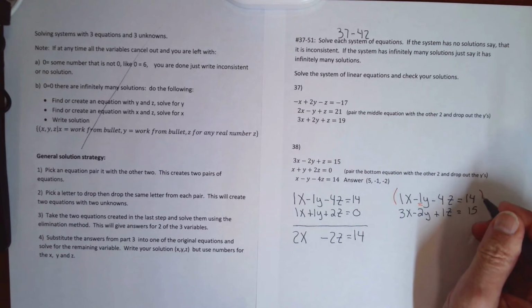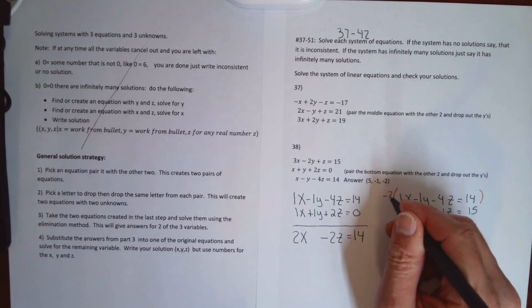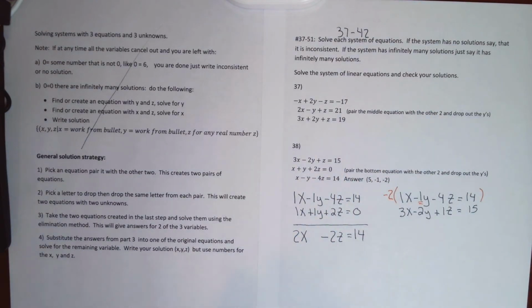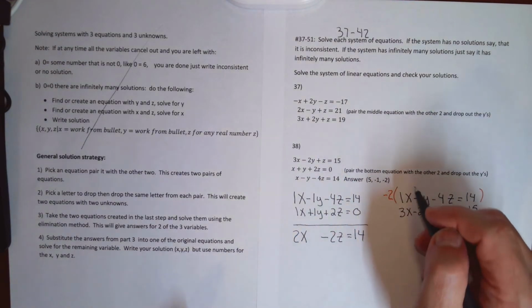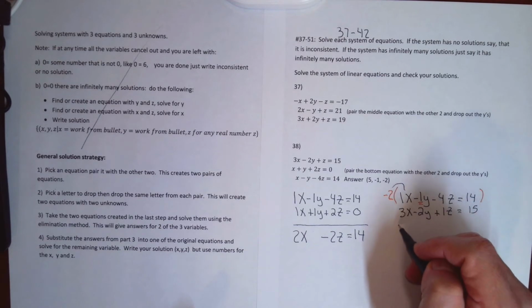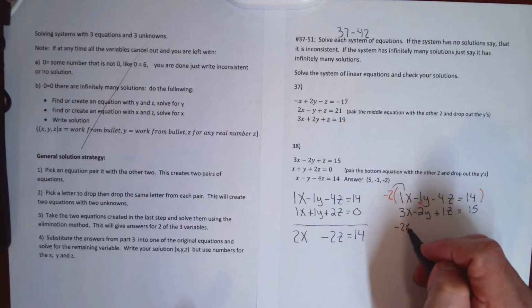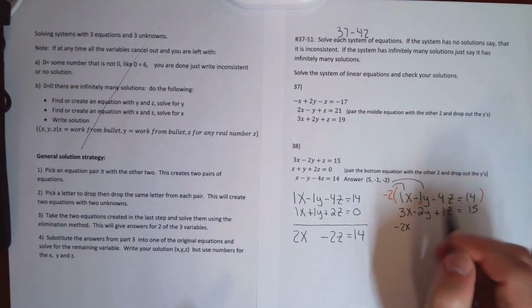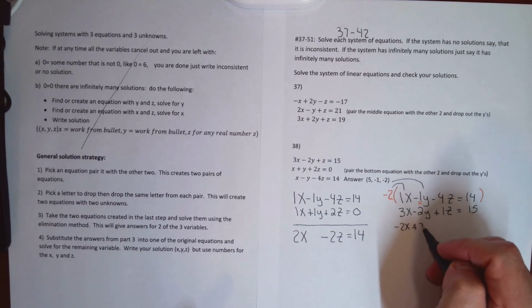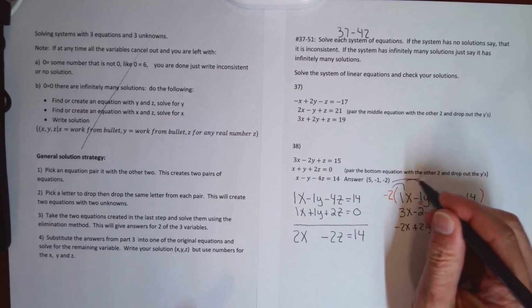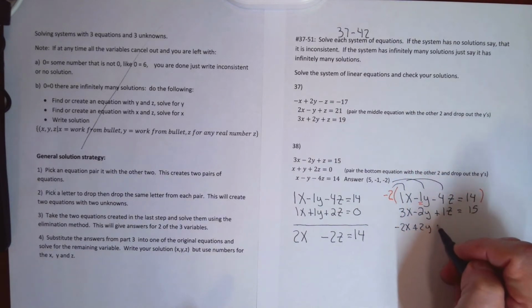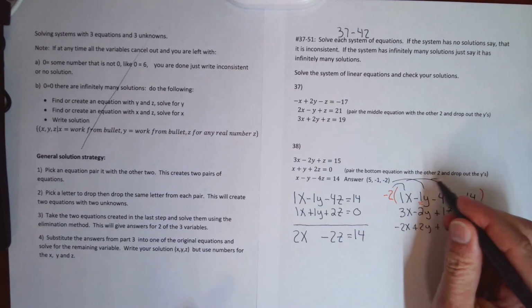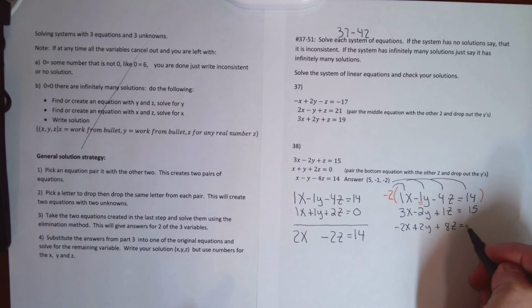To make that happen, I need to multiply through by negative 2 in the top equation. So I'm going to go negative 2 times 1x is negative 2x. Negative 2 times negative 1y is positive 2y. Negative 2 times negative 4z is positive 8z. And negative 2 times positive 14 is negative 28.